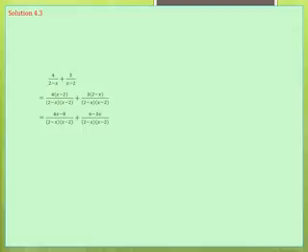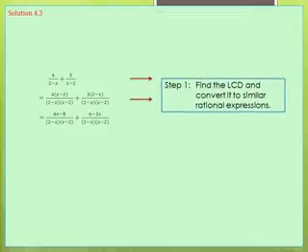So, we use the distributive property. So, 4 times x is 4x, and 4 times negative 2 is negative 8 over 2 minus x times x minus 2. Plus, same thing, 3 times 2 is equal to 6, and 3 times negative x is equal to negative 3x, all over 2 minus x times x minus 2.